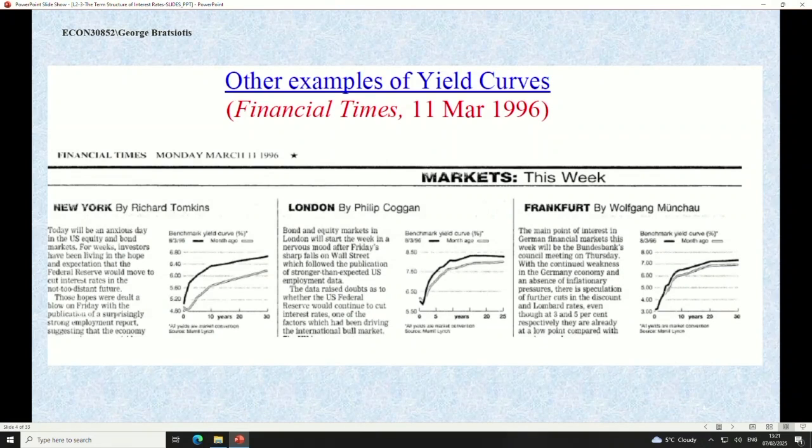I'm going to skip that. What I will say next then is this. I'm going to skip some more examples and move to something else. The shape of the yield curve will be subject to a number of factors. And as I said, if you look carefully in the main textbook, it will suggest that it's usually picking up inflation or economic activity.